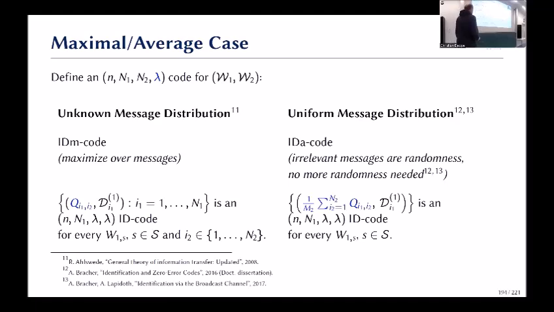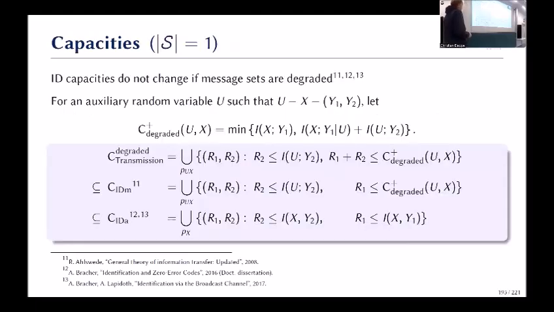In our assumption they have just the same value, of course, you can do it also with different lambda 1 and lambda 2, but we want to have that both are small. One surprising thing is that the capacity does not change if the message sets are degraded. So as I told you, there's a result of Ahlswede in the general theory of information transfer updated, and then of Rafa and Lapidot.